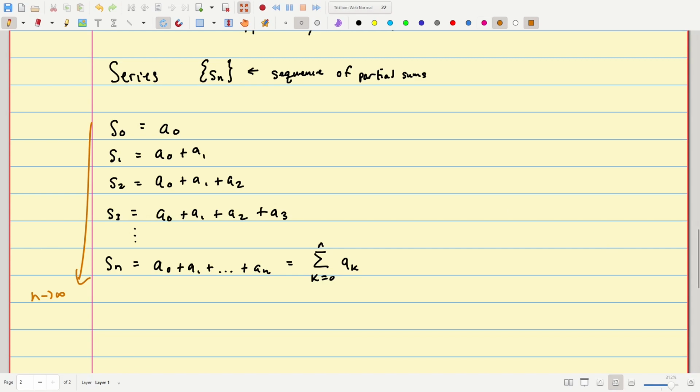Then we have this notation here, which is a shortcut for referring to sums. Sometimes it's called summation notation, and sometimes sigma notation, because that symbol is the capital Greek sigma.